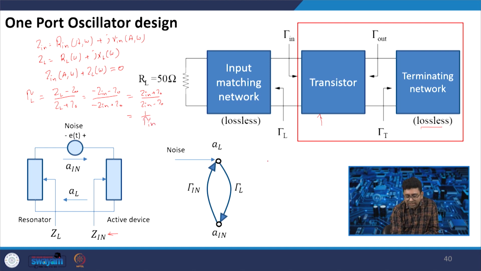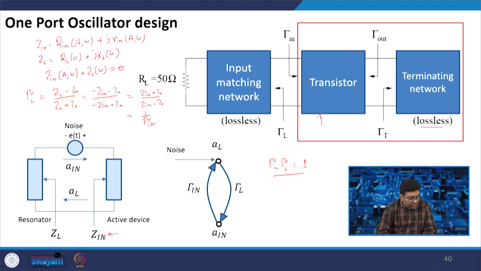So, finally, the condition for oscillation is gamma in times gamma L is equal to 1. This is the condition to have a one port oscillation.